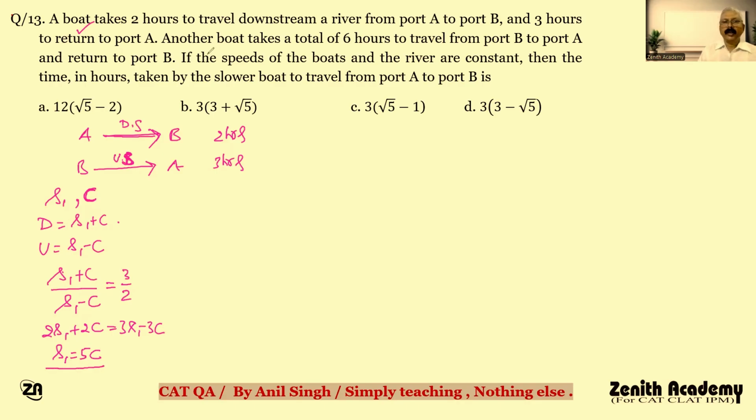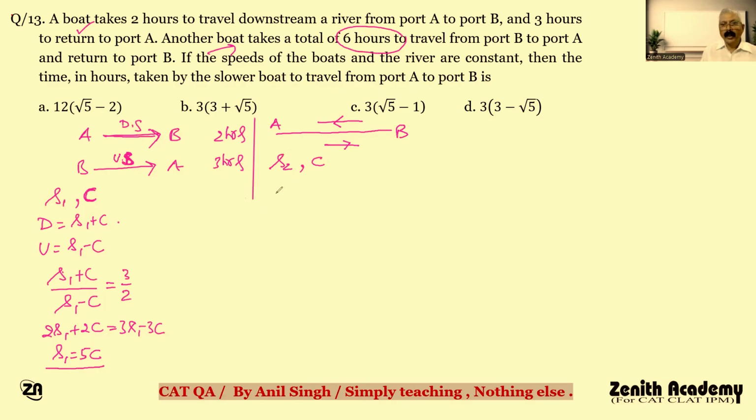And here another boat takes a total time of 6 hours to travel B to A and A to B. So for the second boat, starting from B, it first goes to A in upstream and then returns to B downstream. If I take the speed of the second boat in still water as S2, and C we have already considered, then the total time is 6 hours.